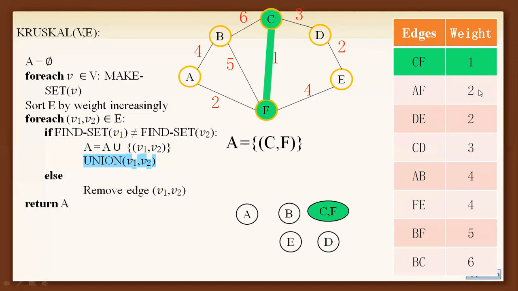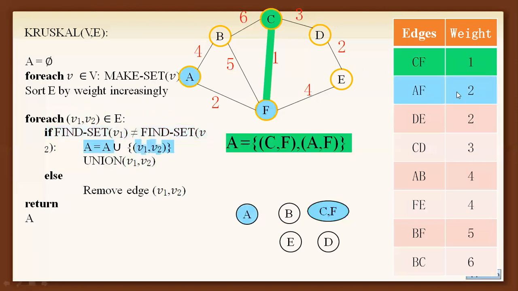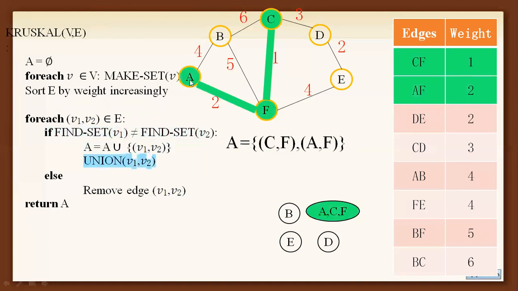In this case, you can select any one of the edges as you wish. So I can select the edge A to F here. Once I select the edge A to F, it is included and connected also.